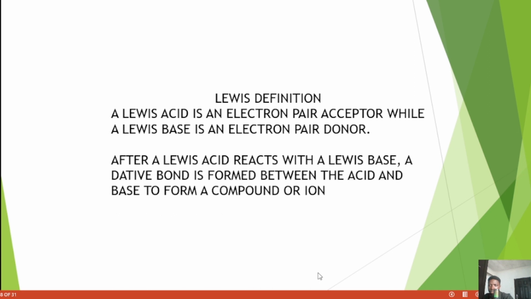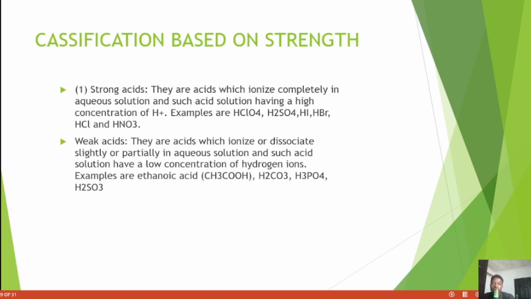Back to the study. The next thing we're going to discuss is the classification of acids based on strength. There are 2 classes of acids based on their strength. It's either you have a strong acid or you have a weak acid. Strong acids are acids which ionize completely in aqueous solutions, and such acid solutions have a high concentration of hydrogen ions.